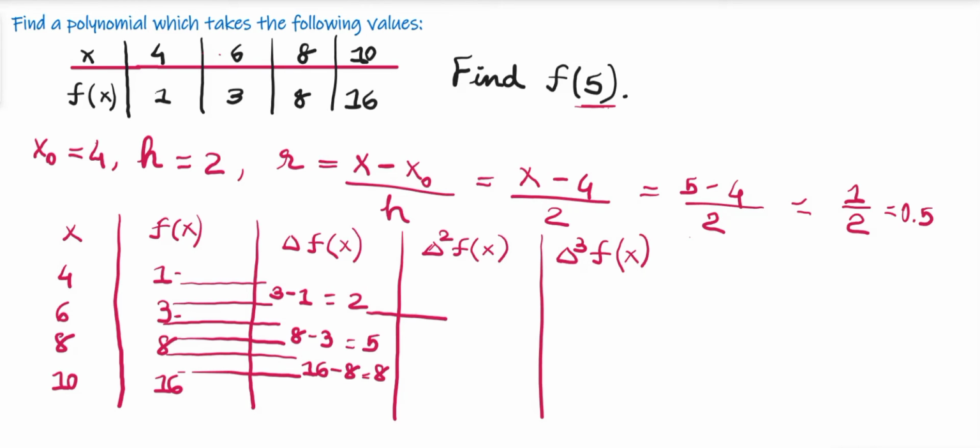Simply we are just taking the difference. Now again here we'll take the difference of these two values, that is 5 minus 2, which is 3, and then 8 minus 5, which is 3. And again you will write between the values of 3 and 3. So it will be 3 minus 3 equal to 0.